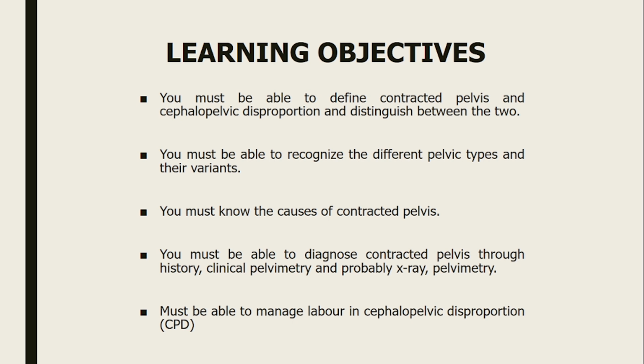Thirdly, you will be able to outline some of the causes of contracted pelvis and diagnose it through history, clinical pelvimetry, and probably X-ray pelvimetry. And lastly, you must be able to manage labor in cephalopelvic disproportion.